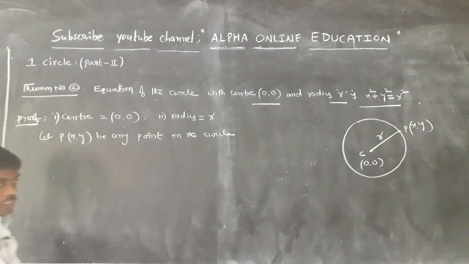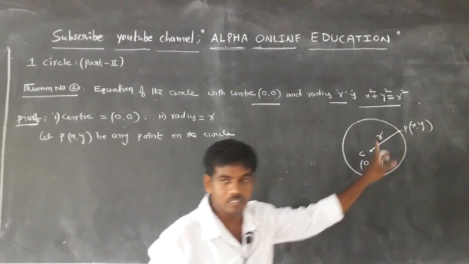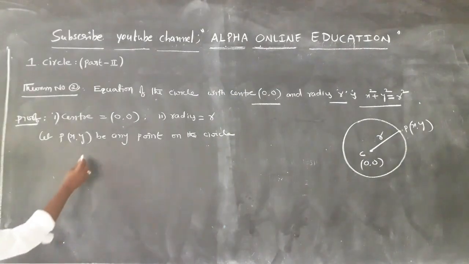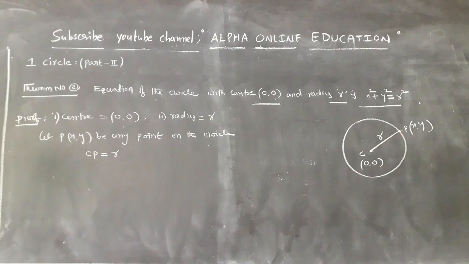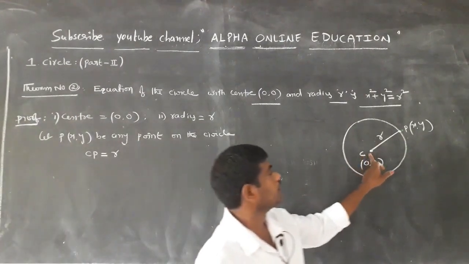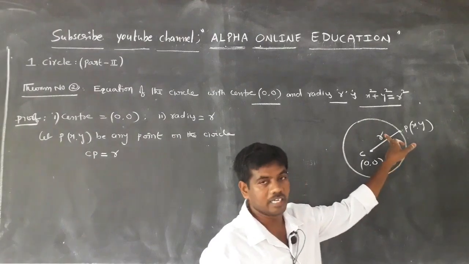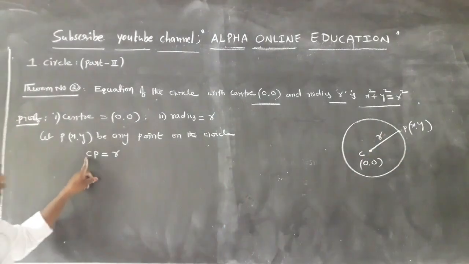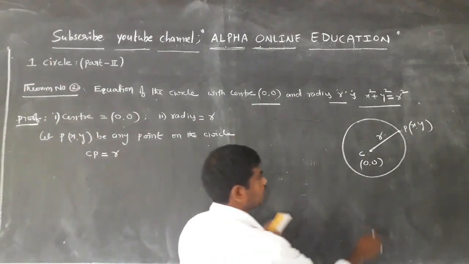Here, the distance between the 2 points C and P is equal to the radius of the circle. The distance between the 2 points, center and any point on the circle, is called the radius of the circle. Here the distance between the 2 points, CP, is equal to r.